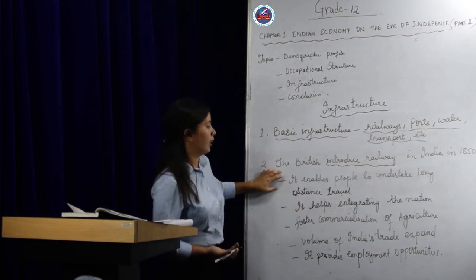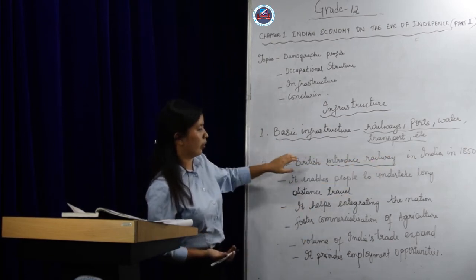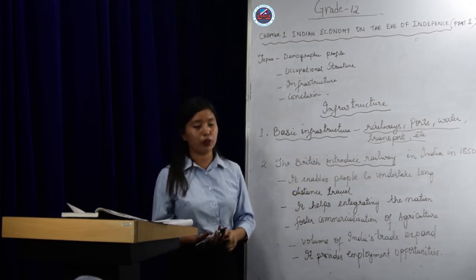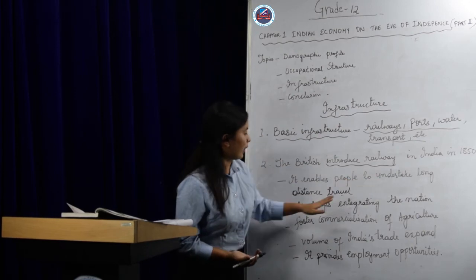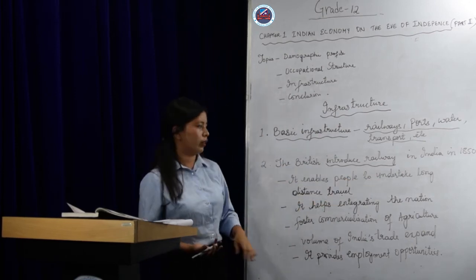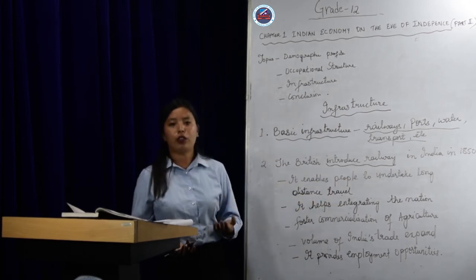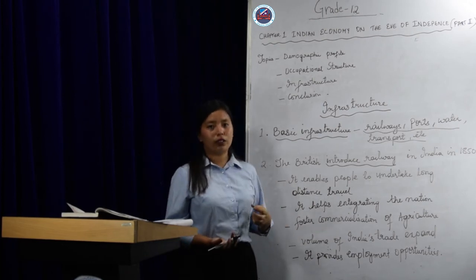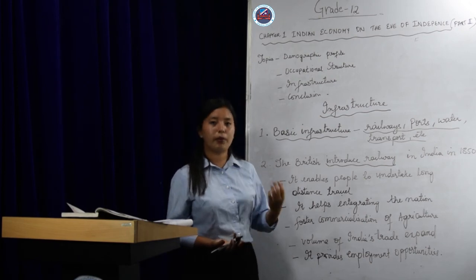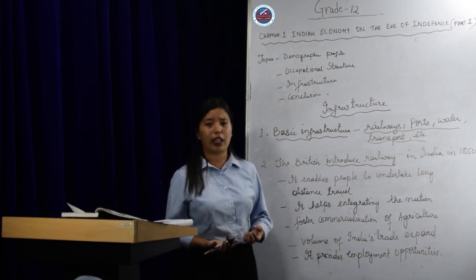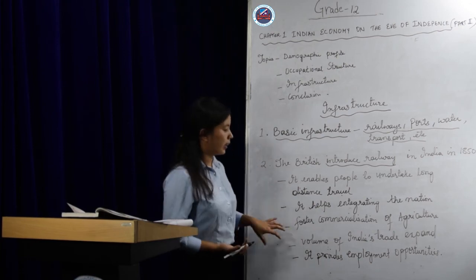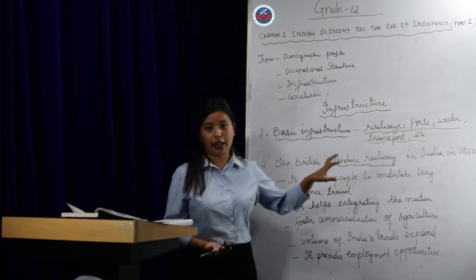The first impact of the British introducing railway in India was that it enabled people to undertake long distance travel, which ultimately broke our geographical and cultural barriers. The second thing is it helped integrate our nation.